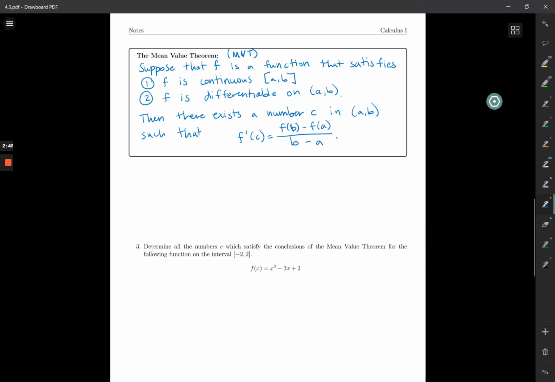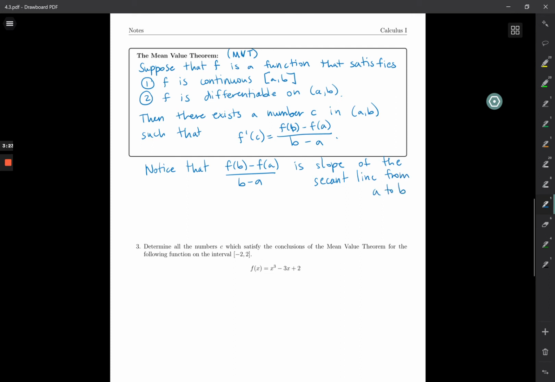So notice that f of b minus f of a over b minus a, that's the average value or average rate of change of the function on that interval a to b. Or another way that we think about this is that this is the slope of the secant line from a to b.